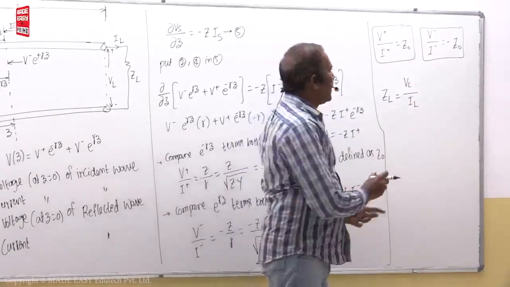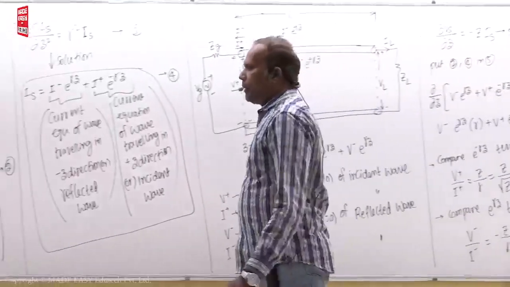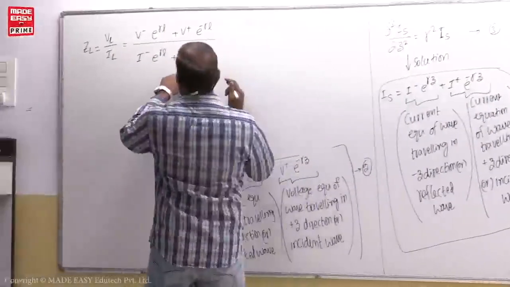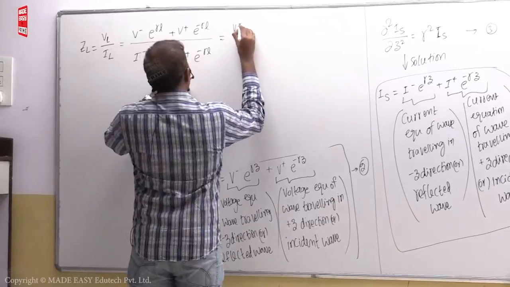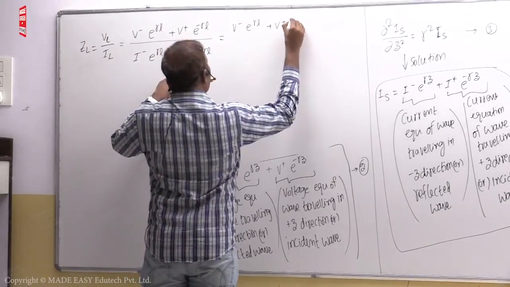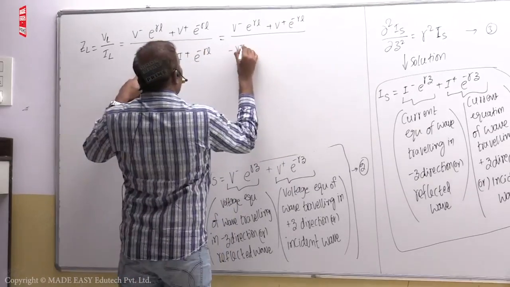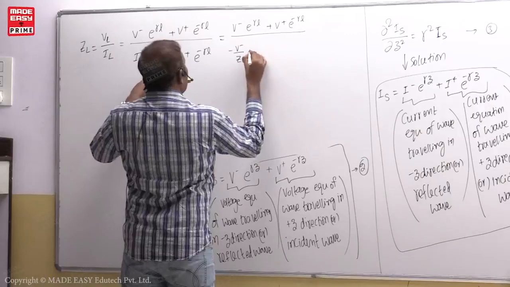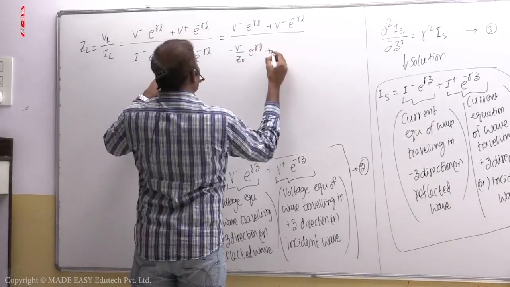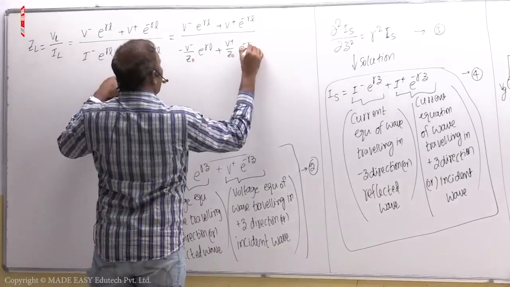So that is equal to V minus e power gamma L plus V plus e power minus gamma L, divided by minus V minus by Z naught e power gamma L plus V plus by Z naught e power minus gamma L.